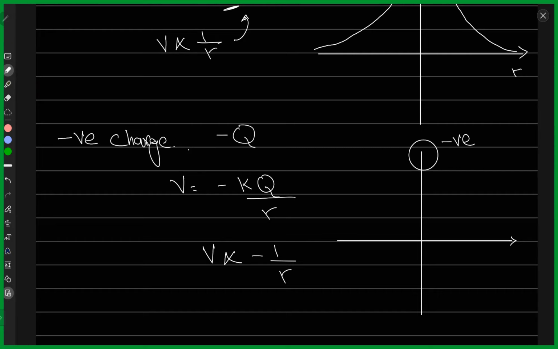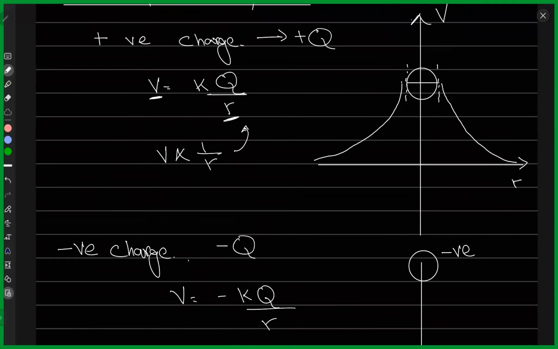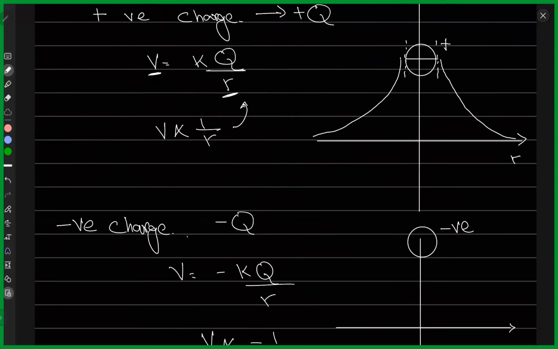Right? So you can see that this would give you a potential V that is negative, or less than 0, right? So the graph will be just the flip of the one that we had for the positive charge, right?